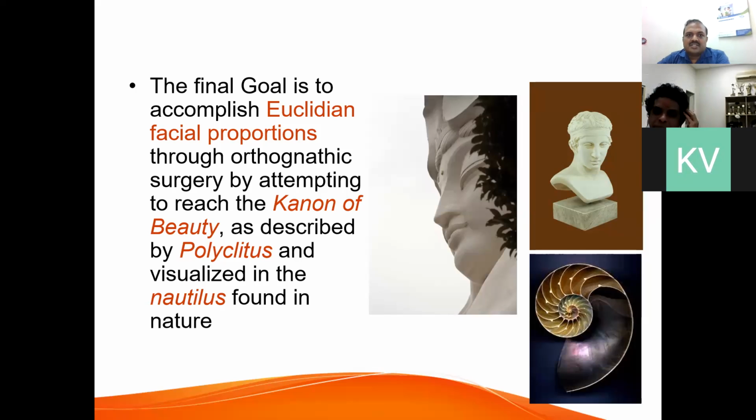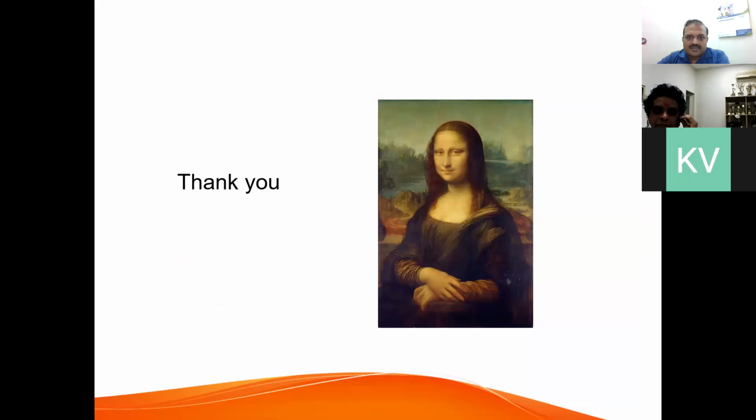The aim of the surgeon should be to reach that golden proportion. But often even the best portraits by Leonardo da Vinci do not satisfy the ideal facial proportions. Thank you.